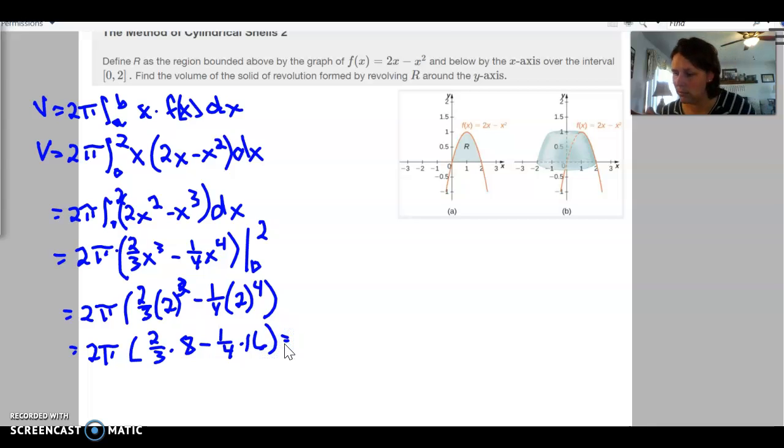And then going through all of that, I've got all my work written out over here. Anyway, should end up with that equaling 8/3 pi.